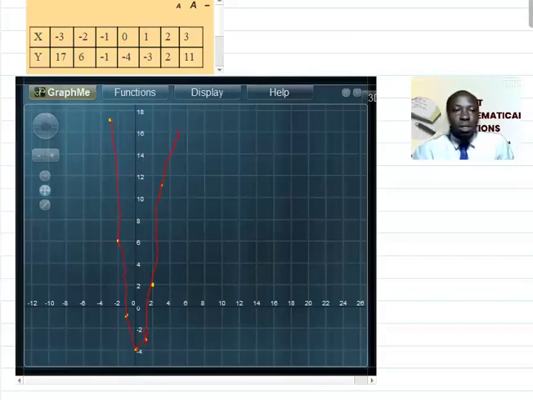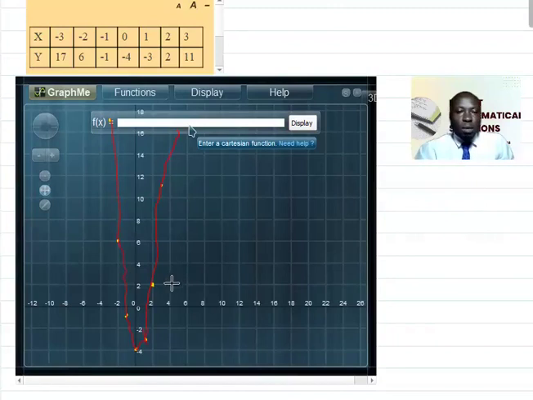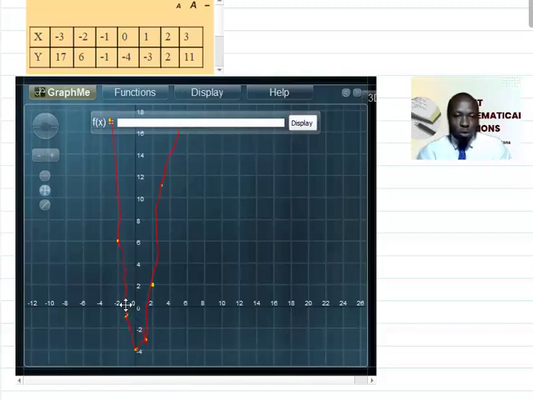Let us look at the other question. Now, they say using the graph to find the roots of the equation y equals 2x squared minus x minus 4. To find the root of this equation is to find the point where this graph touches the x-axis. So this is one root, and this is another root.